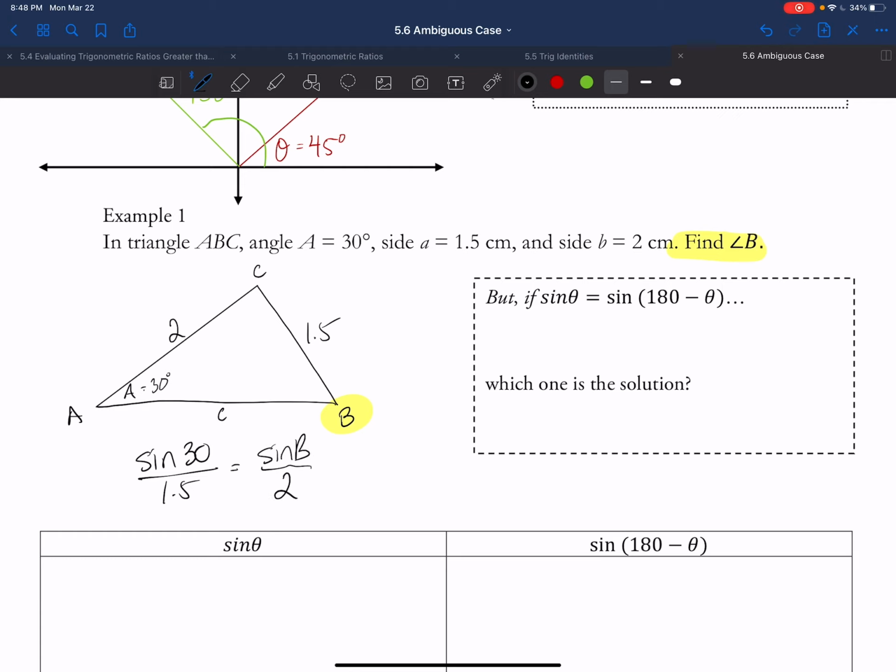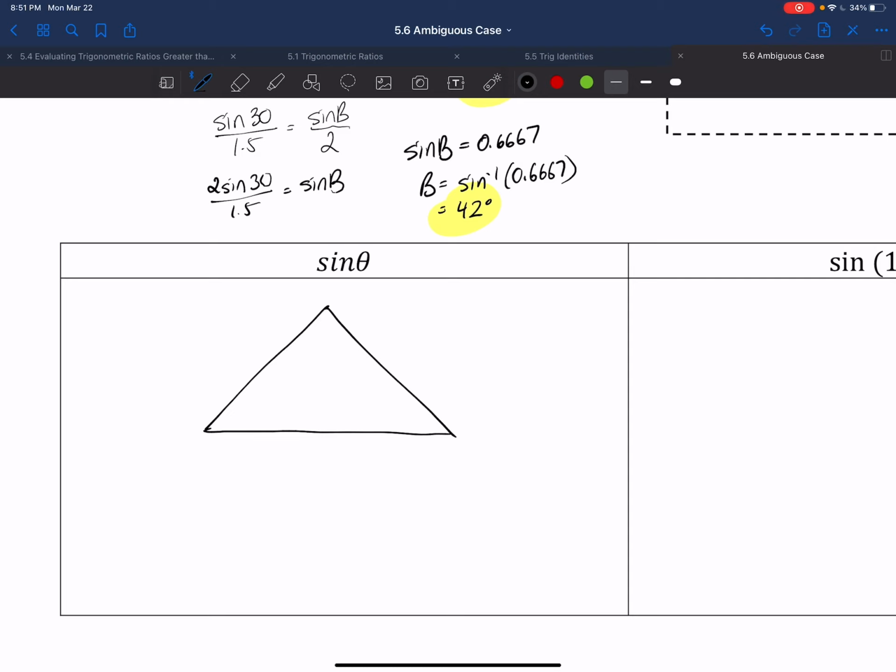That's the point. It's the ambiguous case. It's either going to be 42 or 180 minus 42. So if it was the same one that we drew, obviously not to scale, this was 30, 1.5, 2, and this was 42. So this is our acute triangle where all the angles are less than 90.